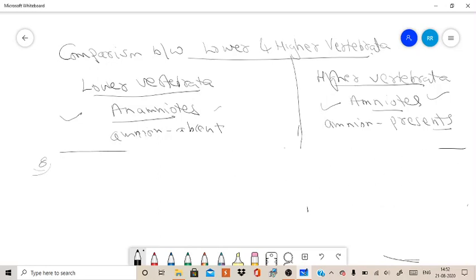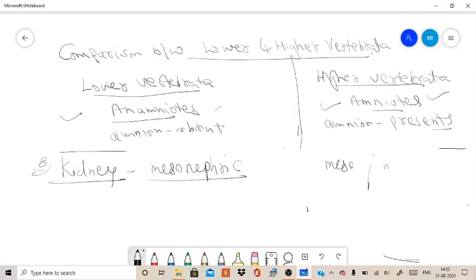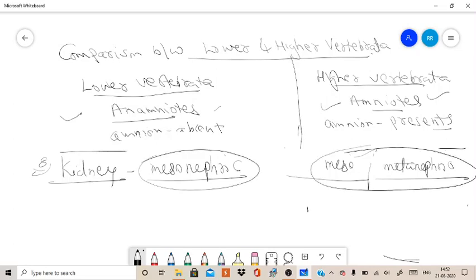Then the next point is about the kidney, which is generally mesonephric in anamniotes, whereas in higher vertebrates, that is amniotes, it may be mesonephric or metanephric.